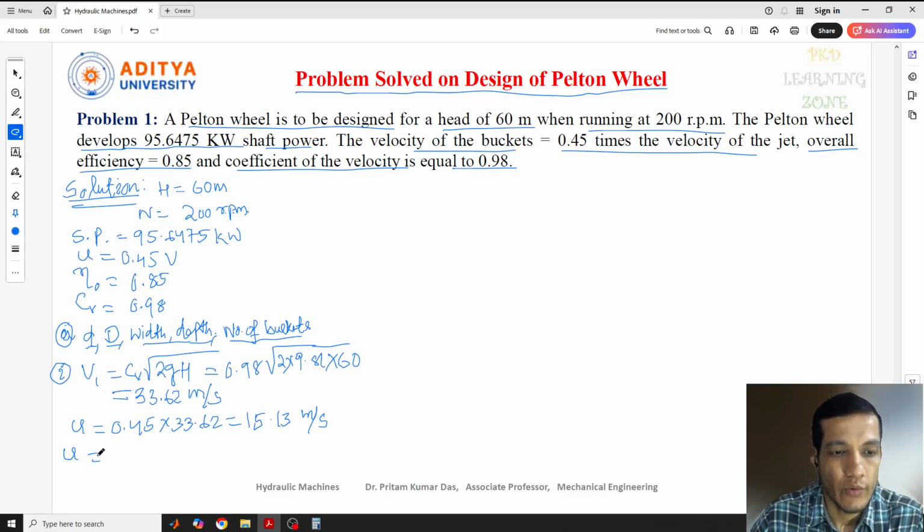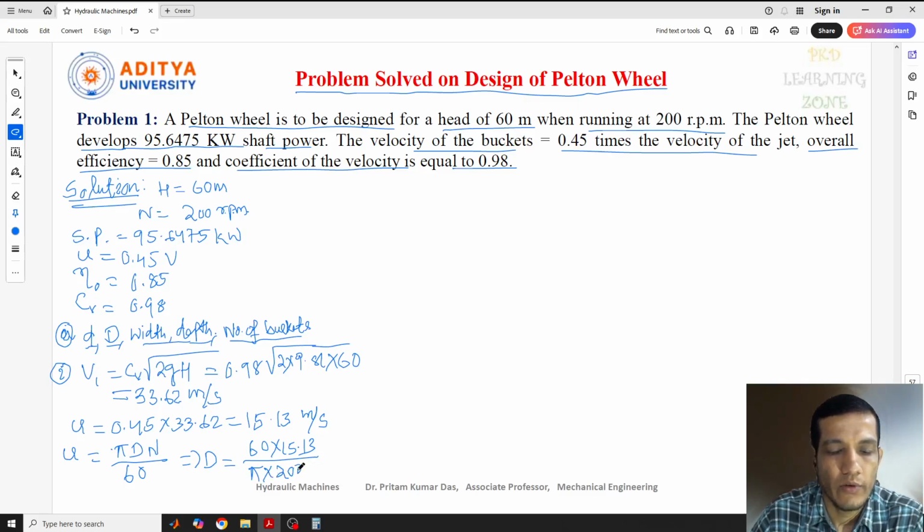Now we know the formula, the velocity of bucket or velocity of the blade U equal to pi D N by 60. This is another formula, so from this formula we can find out the value of D, diameter of the wheel. So this is 60 into 15.13 divided by pi into N, N equal to 200.